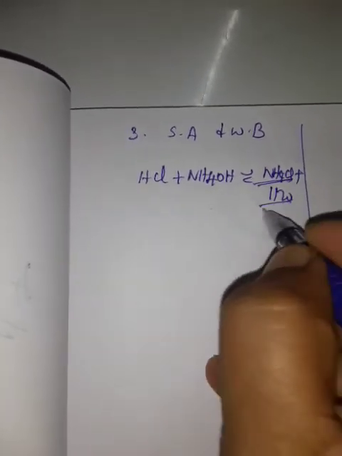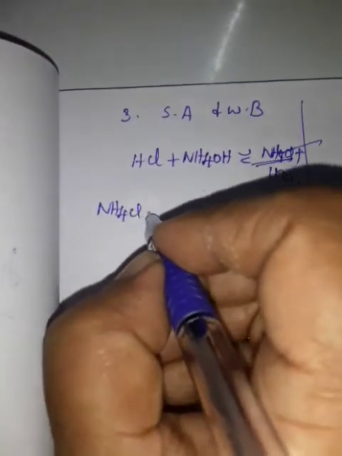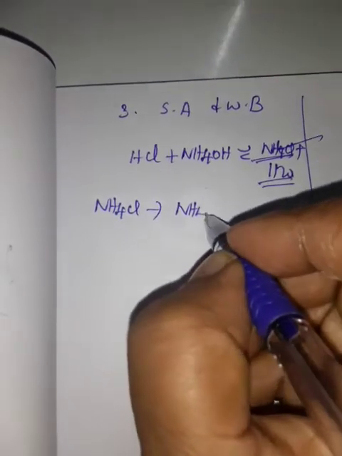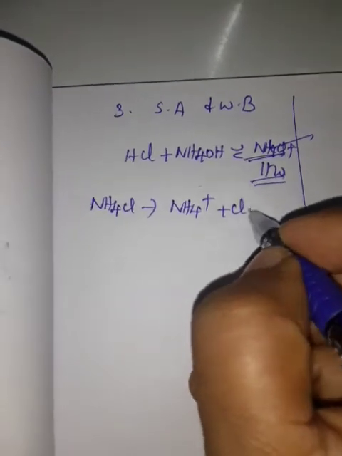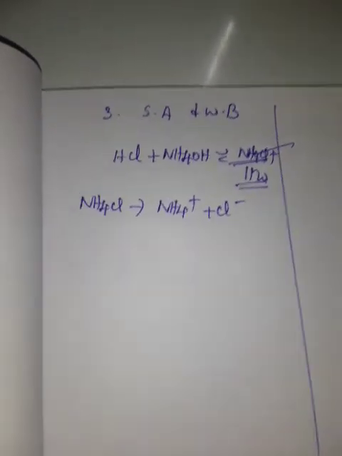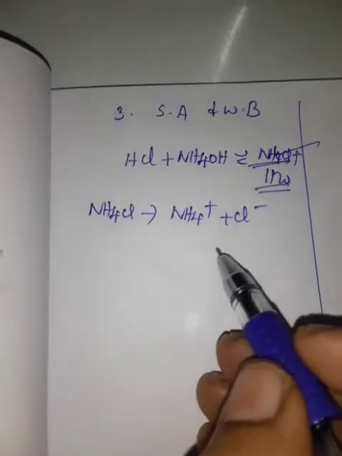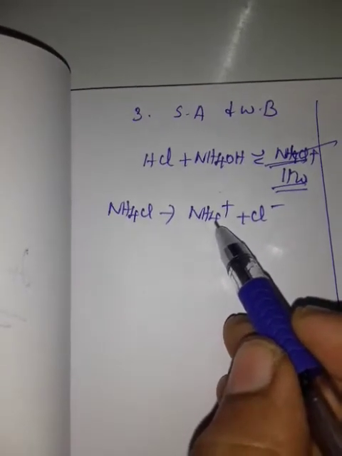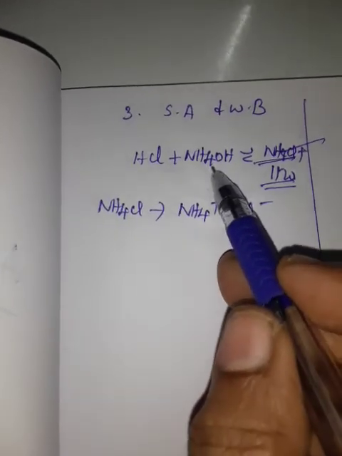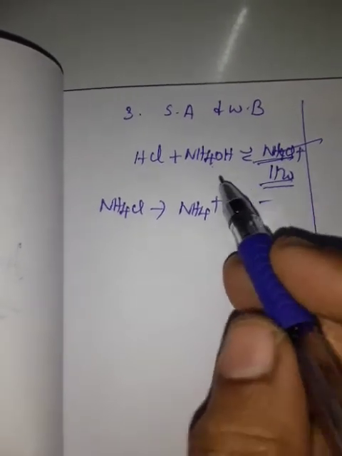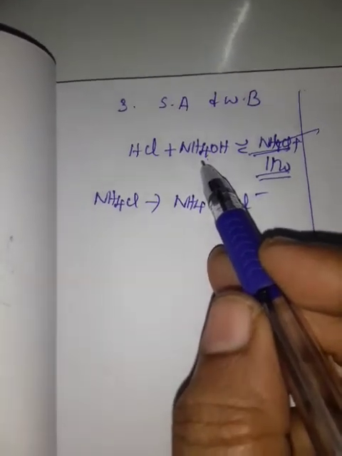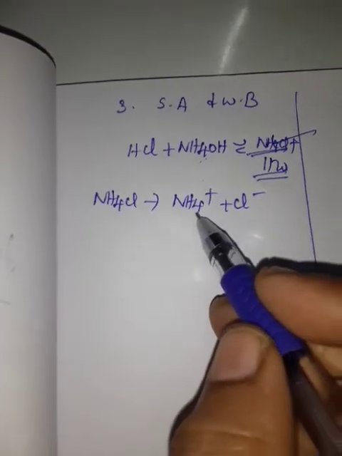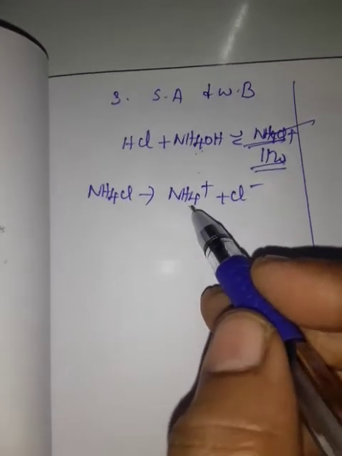This is the salt, ammonium chloride, which is completely dissociated, forming NH4+ and Cl-. Now this NH4+ is the conjugate acid of the weak base NH4OH, and it has a tendency to react with OH-.